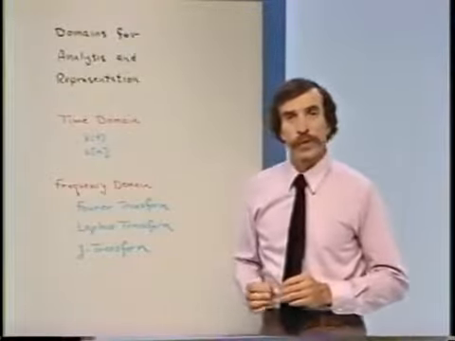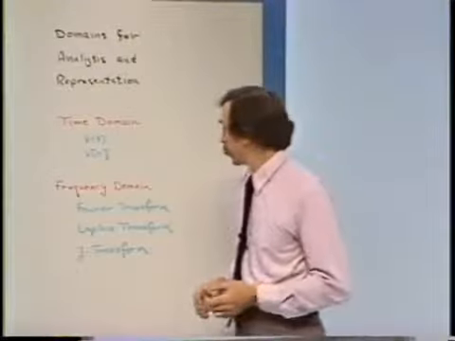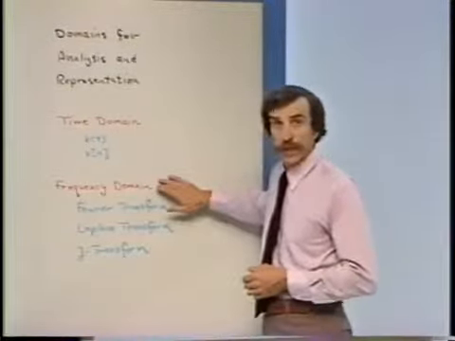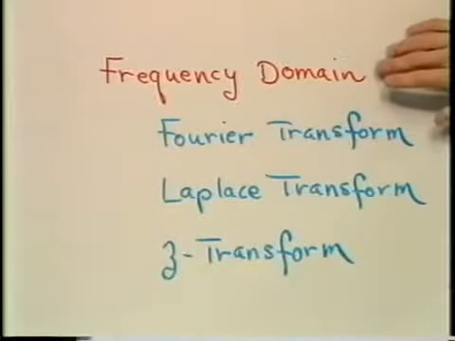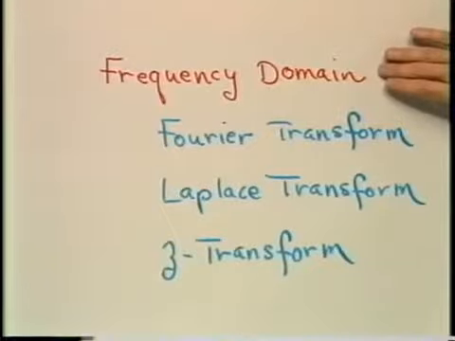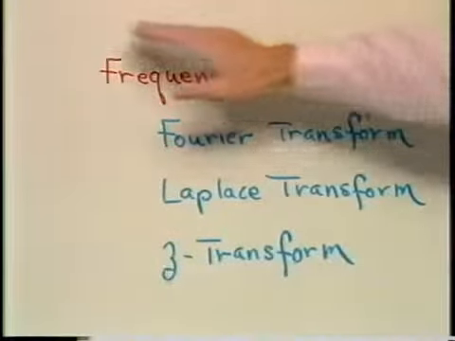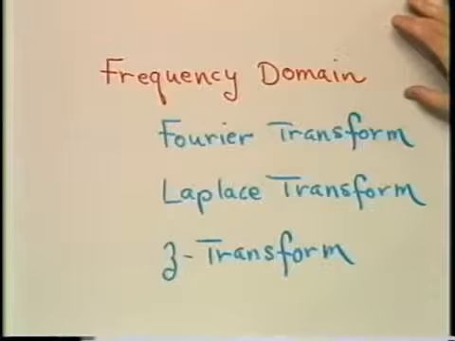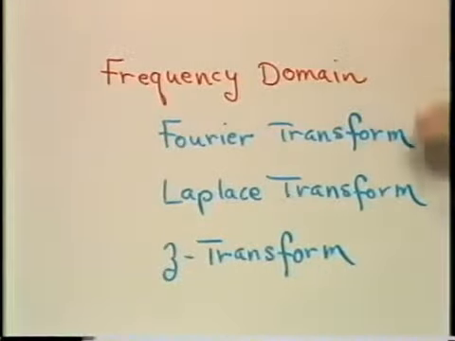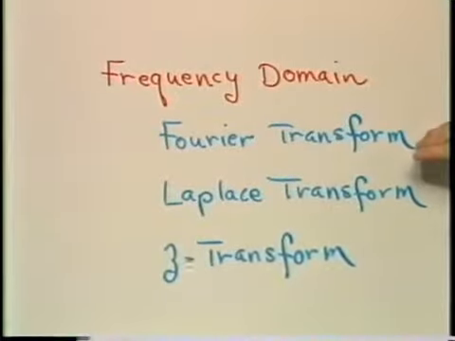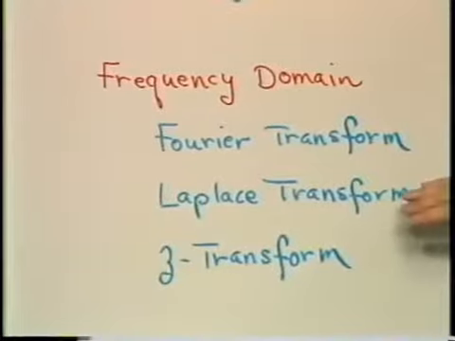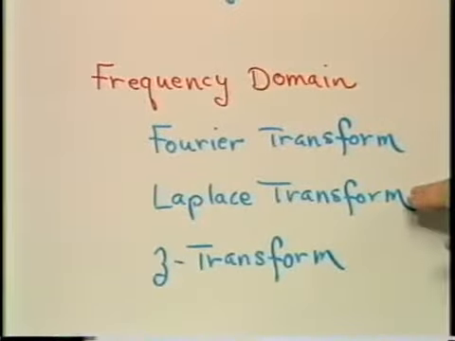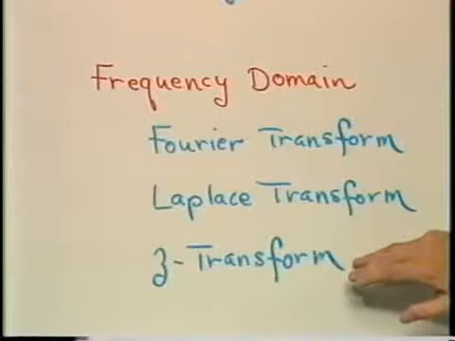But equally important is what's referred to as the frequency domain as a representation for signals and as a means for analysis for systems. And in the context of the frequency domain representation, some of the kinds of ideas and topics that we'll be exploring are the Fourier transform and the Laplace transform and a discrete time counterpart of the Laplace transform, which is the Z transform.